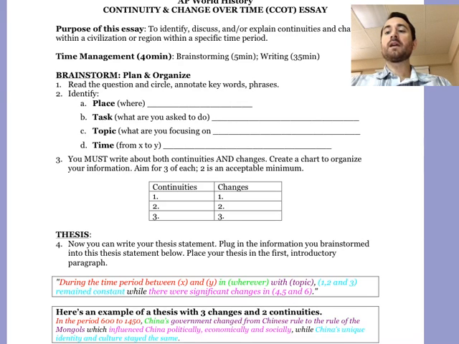Again, you don't need 3 items, but at least have one of each of them. And then here's an example of a thesis statement that includes all of this information.